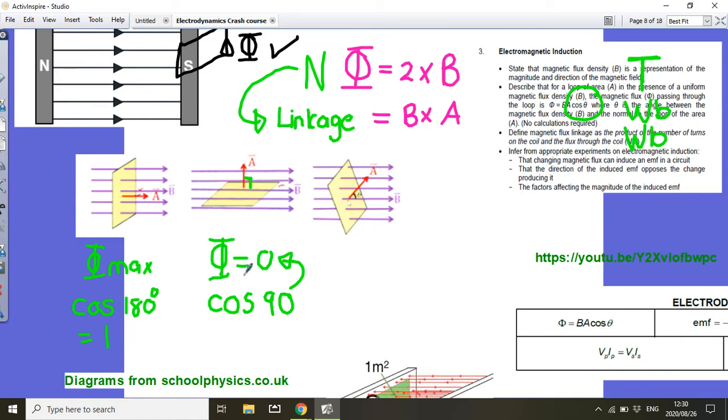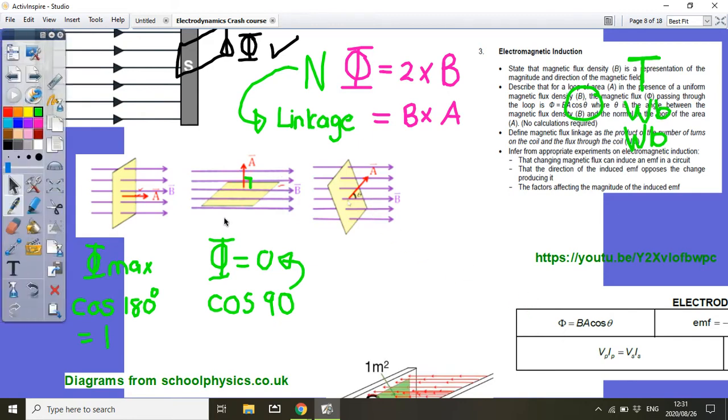If my angle is between 180 and 90 or 90 and 0, the value of cos theta is going to be a fraction. So anything else will give you a value between the maximum and 0. The maths you can work out for yourself.